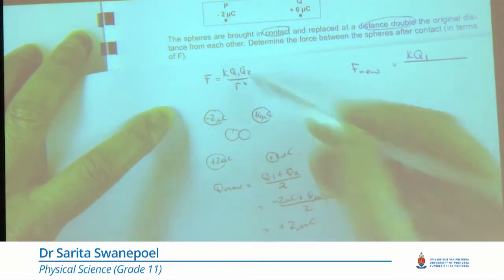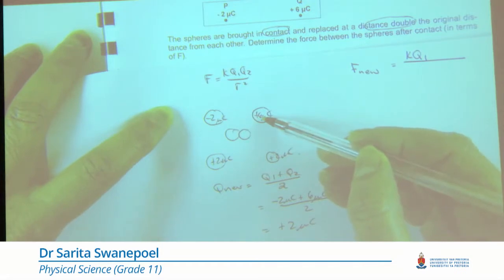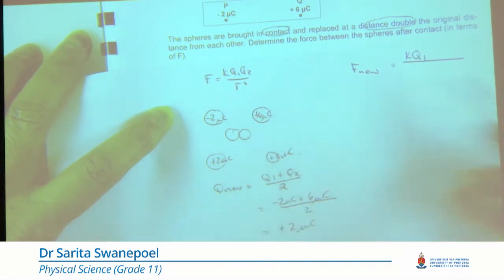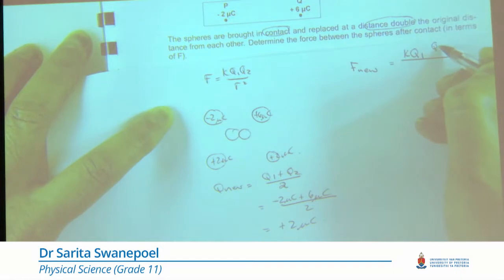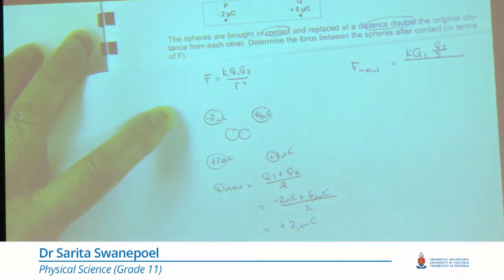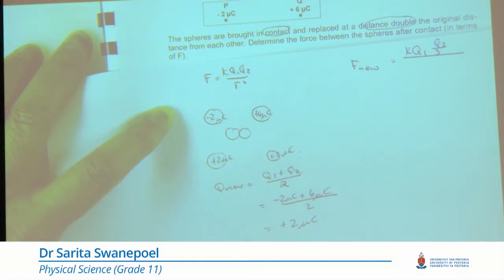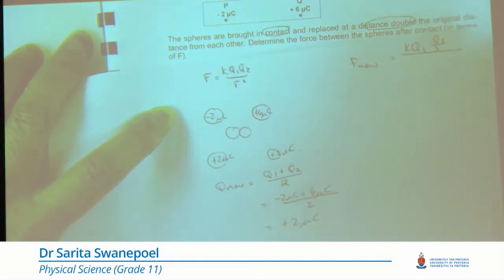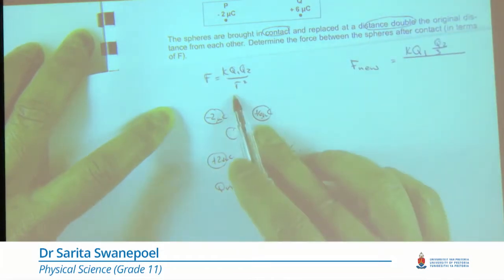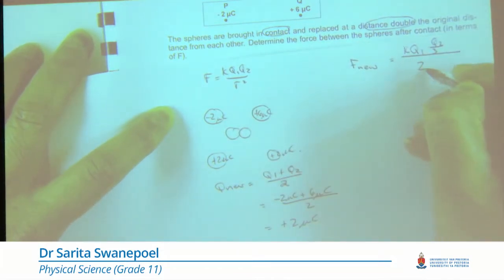We used to put in 6. What are we now going to put in? 2. So we're now putting in 1/3 of what we used to put in. It used to be 6, now it's 2. You've divided by 3. And now we look at R, and they told us double the distance. So you have 2R, and just remember the square.